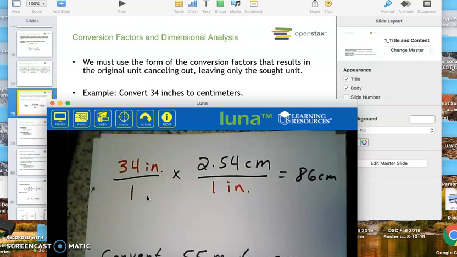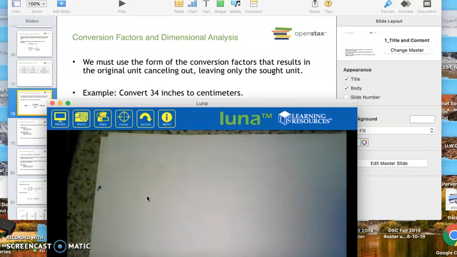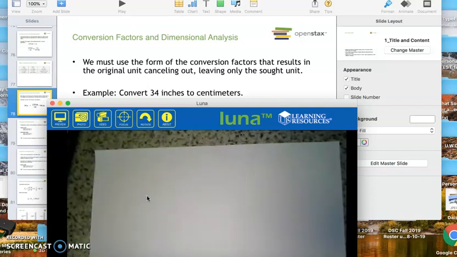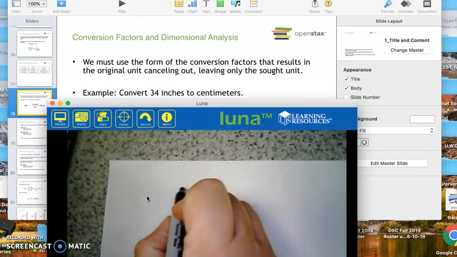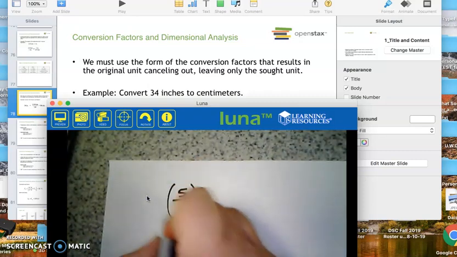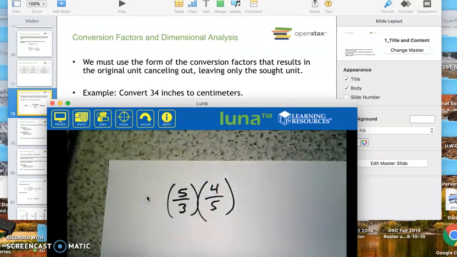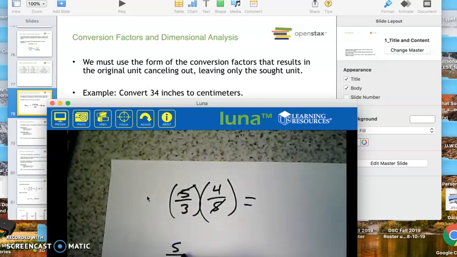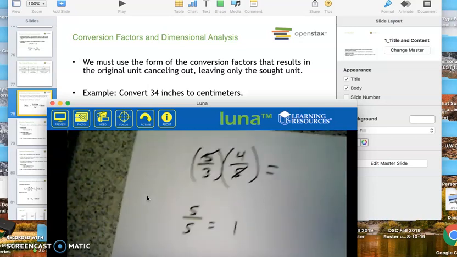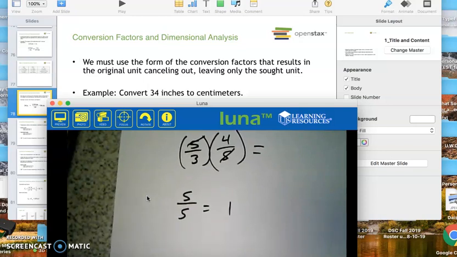If you think about units in general, when you're doing math, like say I have 5/3 and then I have 4/5. Okay, so I can cancel out my 5's there, right? Because 5 over 5 is 1. Right? So we can also do that with units.